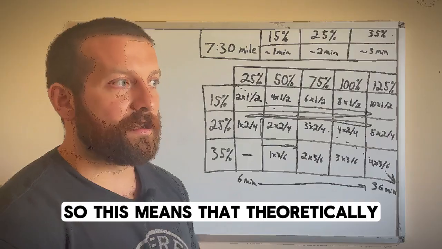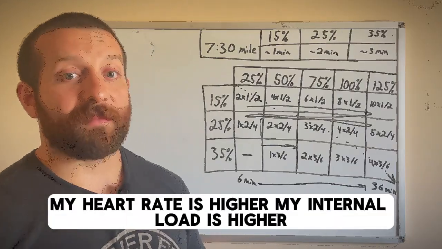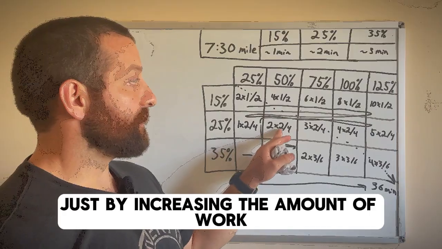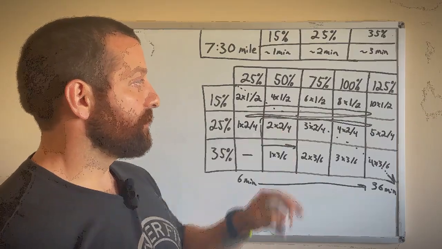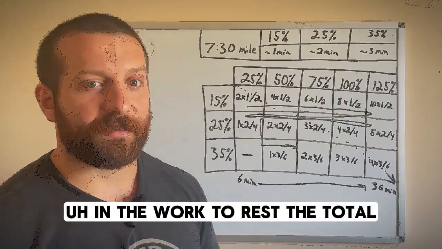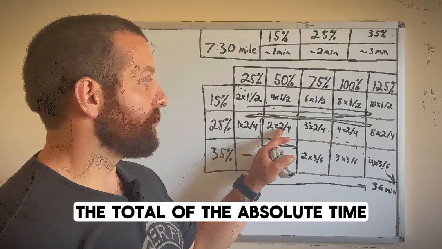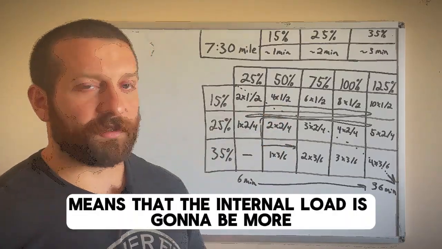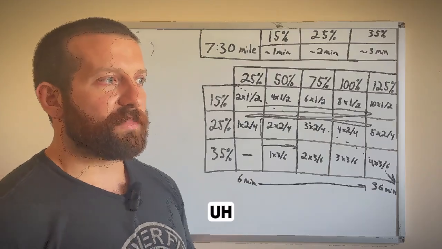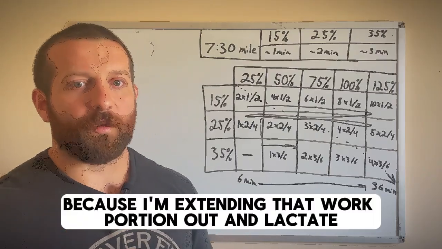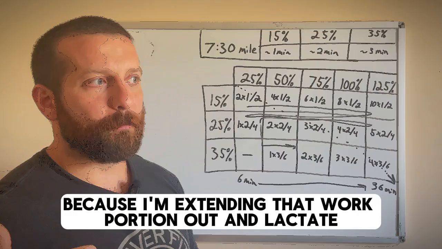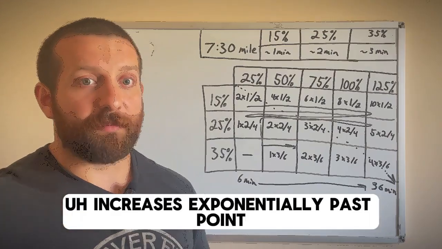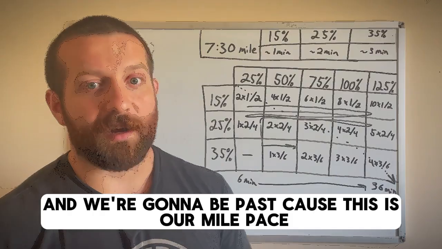Okay, so this means that theoretically my heart rate is higher, my internal load is higher, just by increasing the amount of work in the work to rest. Okay, the absolute time going from 1 minute to 2 minutes means that the internal load is going to be more because I'm extending that work portion out, and lactate, we know, increases exponentially past a point, and we're going to be past it because this is our mile pace.